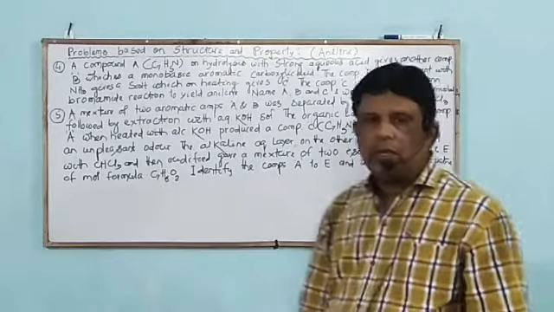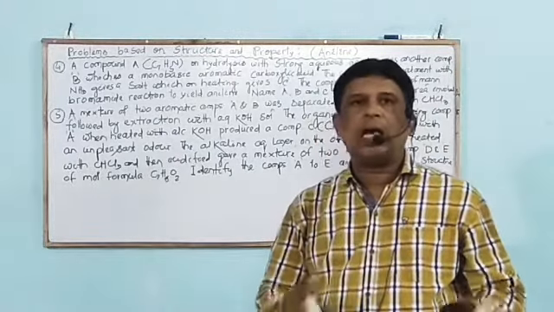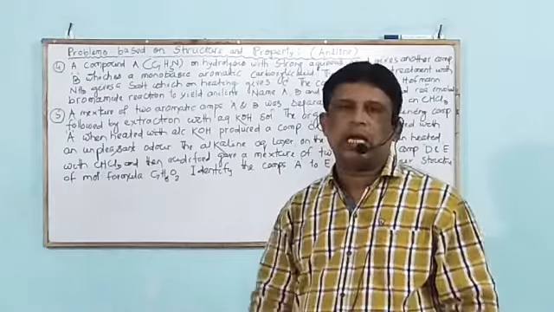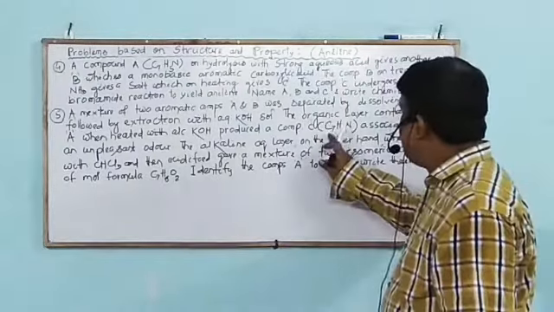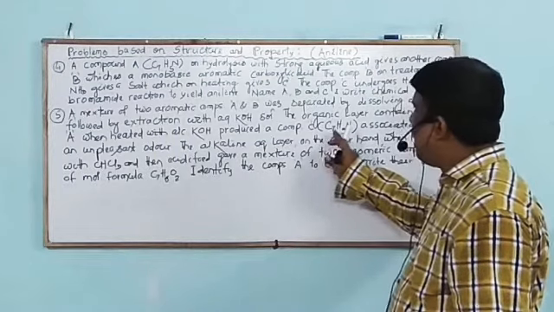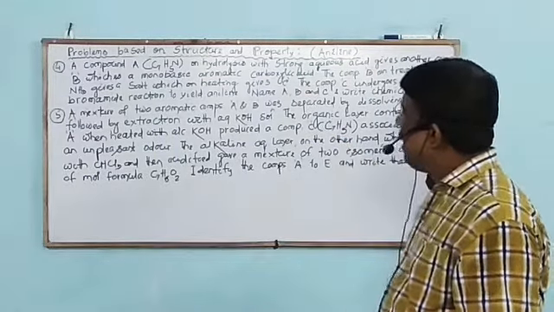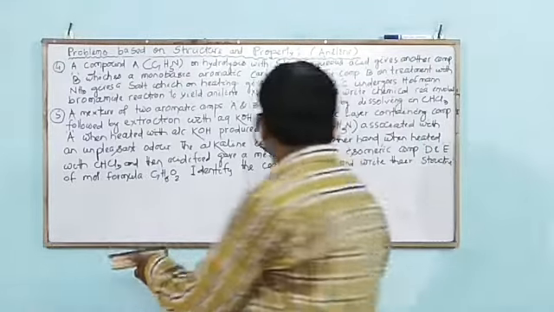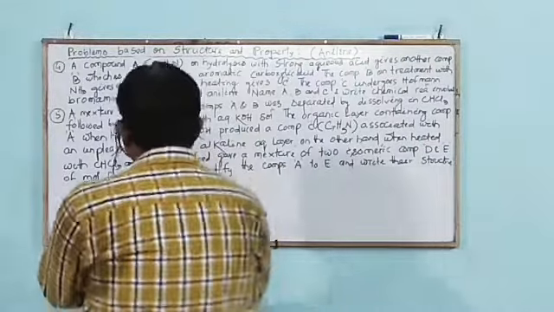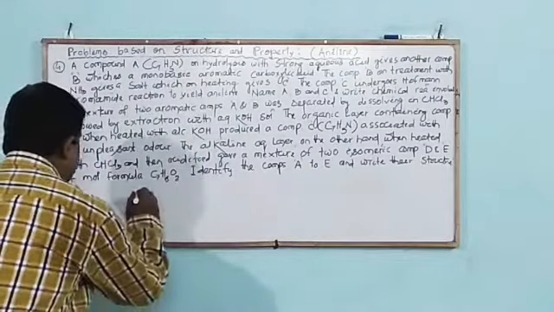Unpleasant odor means aryl isocyanide or aryl carbylamine. That C must be isocyanide or carbylamine. It indicates that A is an amine, that is aniline. So mark that again, mark the equation. What is the expected equation?